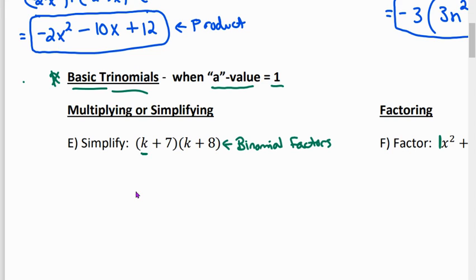So the k in the first term has to be multiplied by the k in the other binomial. I'm going to put a little f there because that's representing our first terms. So you're going to multiply your first terms together.